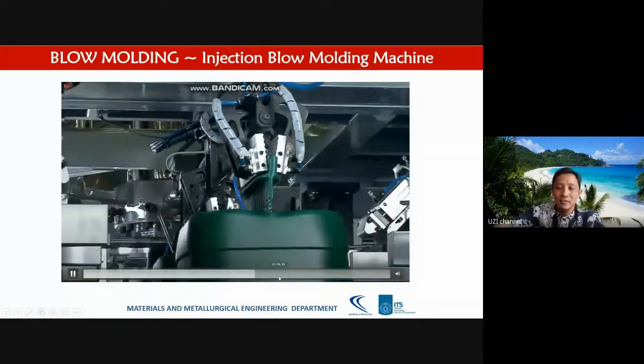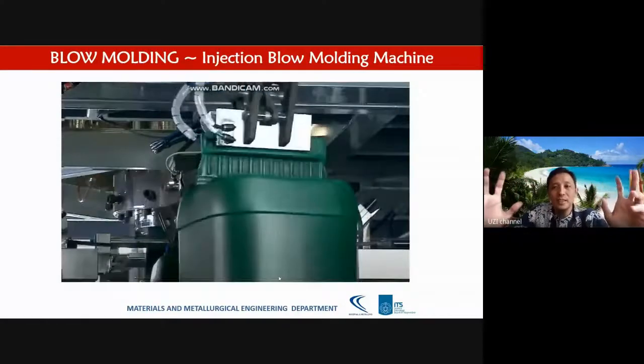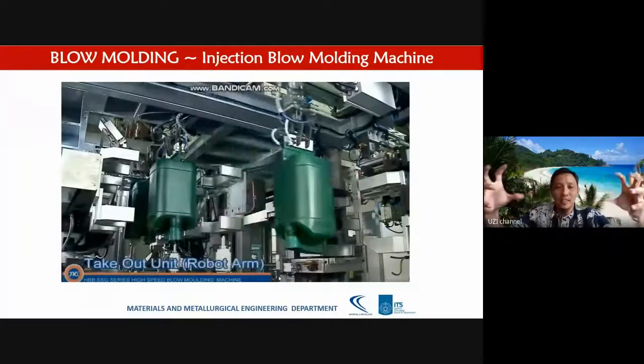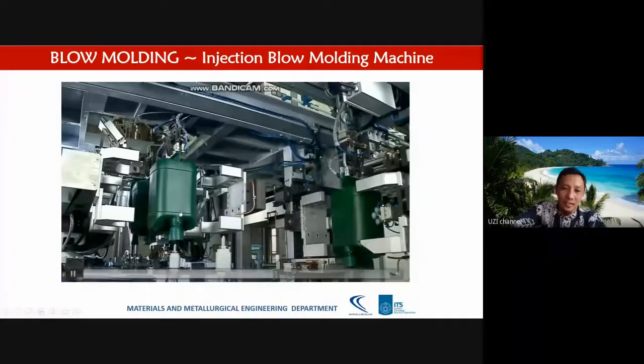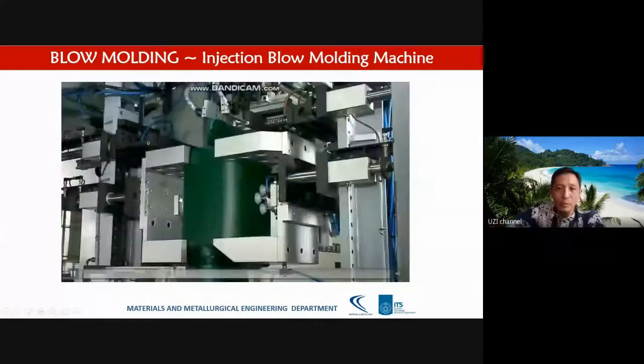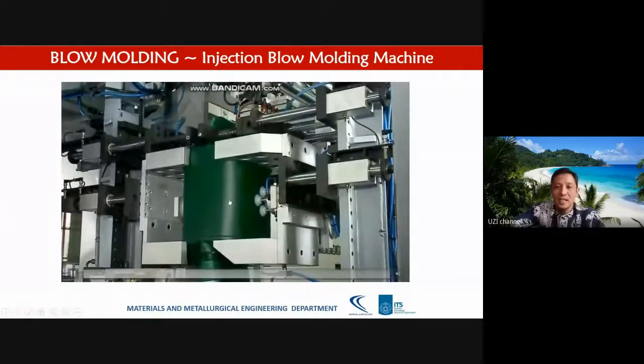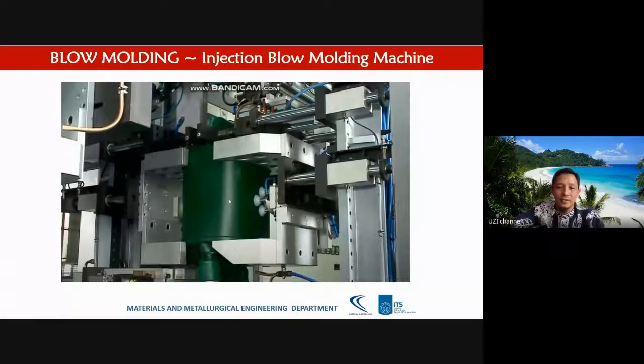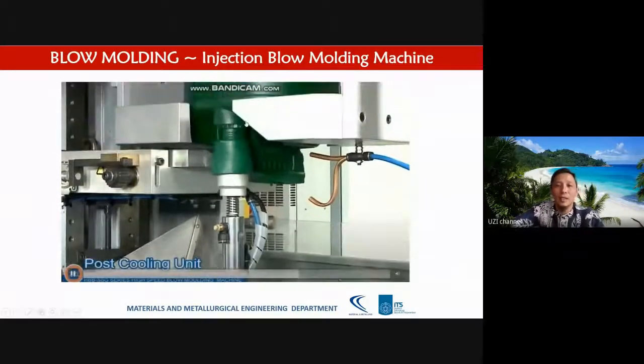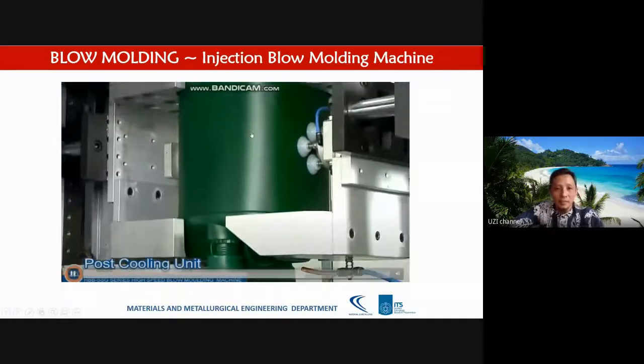After solidification is completed, the mold is released, and finally we get the final product like this. For example, this is like a container or plastic barrel.